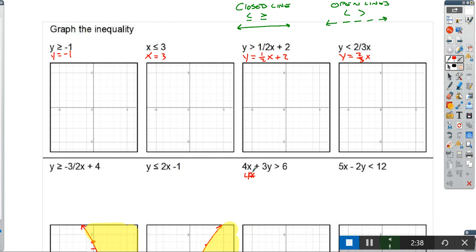Here we go. So the first thing that I notice here is y is equal to -1. Well, where is y equal to -1? We have a y-intercept of 0, -1 right here. What is my slope? I could also say that y is equal to -1 plus 0x, and 0 times x would be 0.